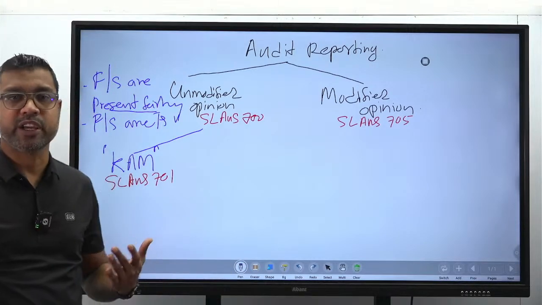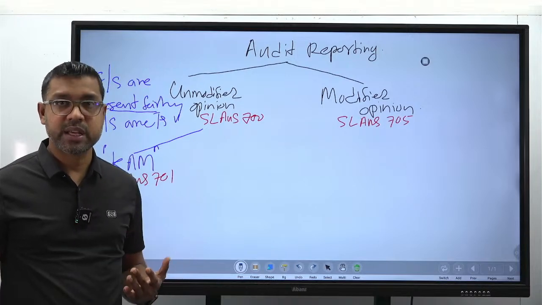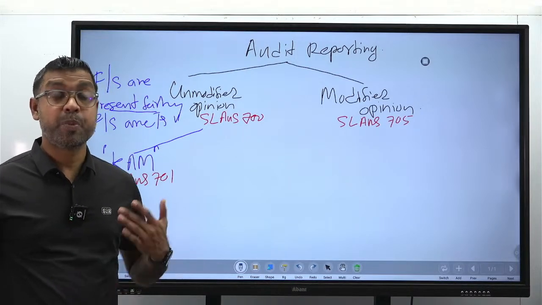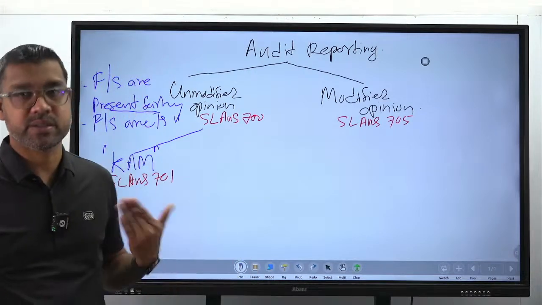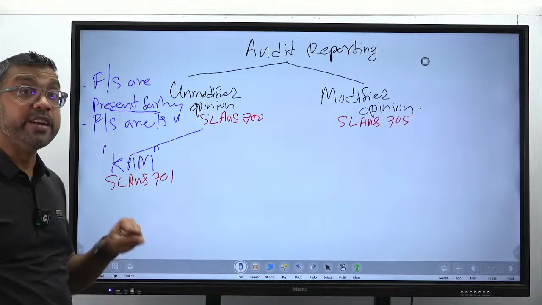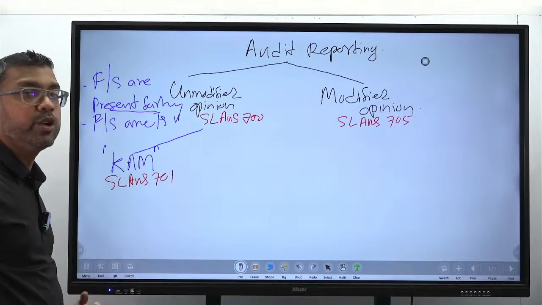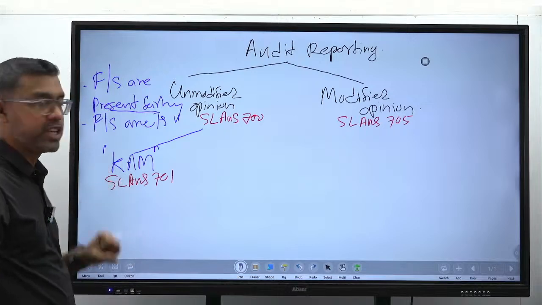What do you mean by significant risk? Significant risk means unusual, non-routine transactions which require special audit consideration. If you identified significant risk during your risk assessment, you have to include it in your CAM section.